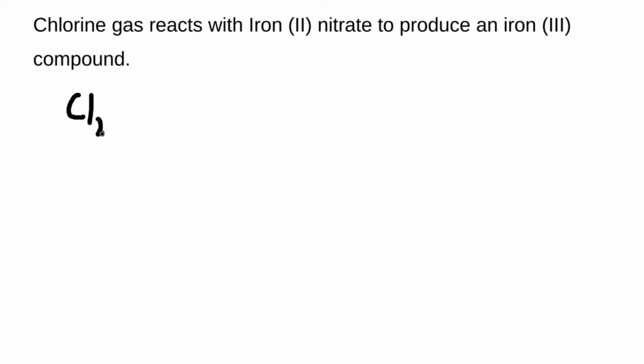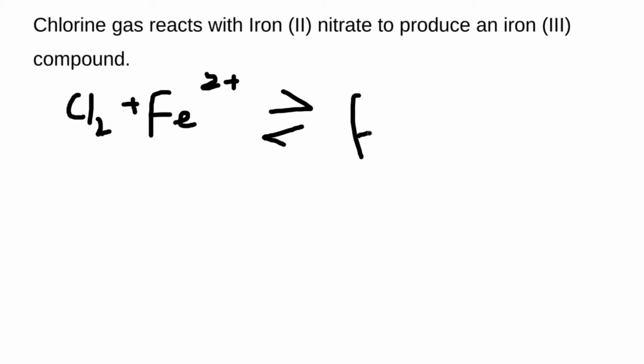I'm not gonna write states because that'll take a bit more time. Okay, this is really hard to write. Fe3+ plus something else. Right, and let's just figure out what's the rest of the compound.